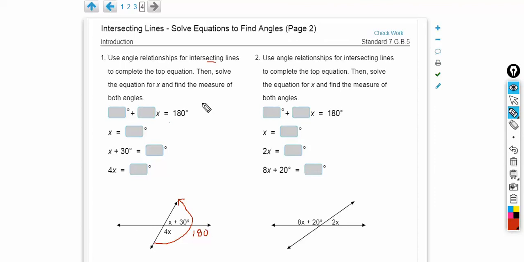Let me see, I'm trying to save room. We got 4x plus x plus 30 equals, alright, let me do it up here.